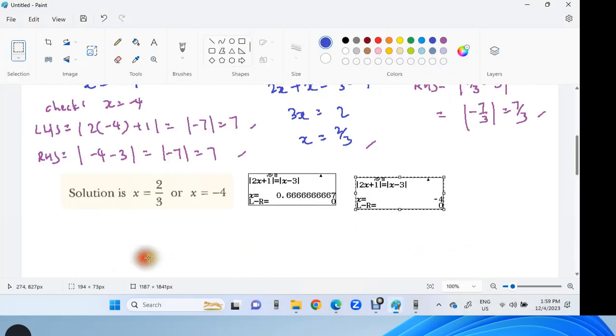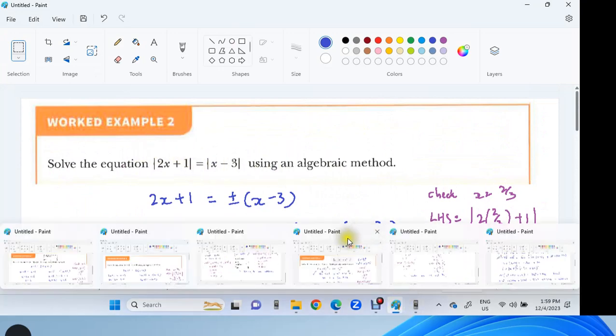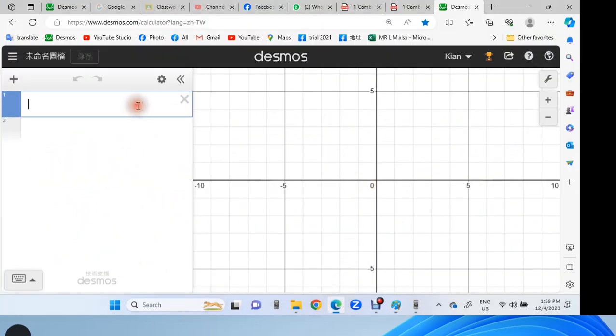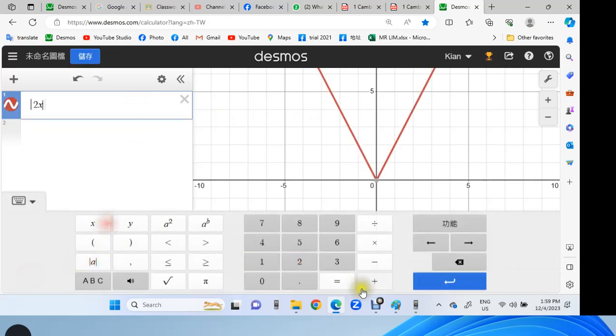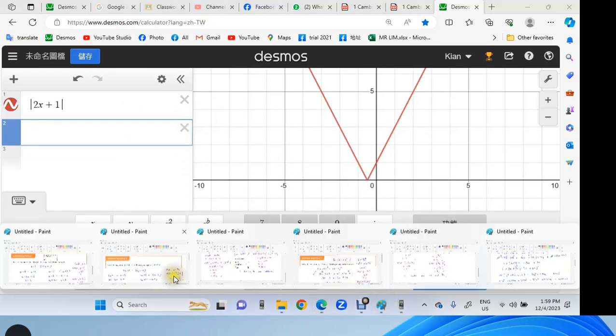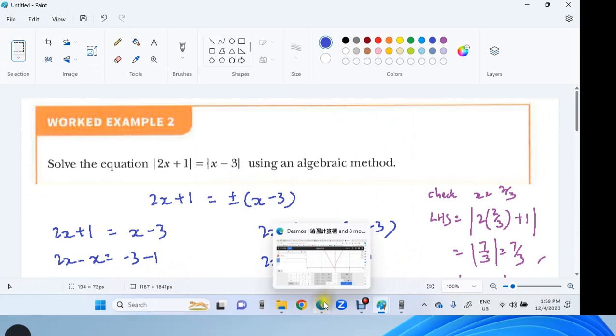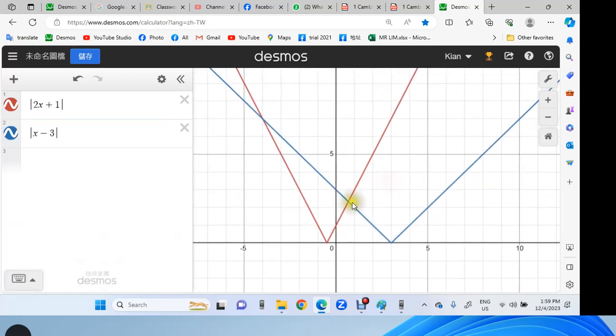So for just now, the question number 2, we have modulus 2x plus 1 is this, and the next one is modulus x minus 3. So we can see that the solution is this and this. So x equal to -4 and x equal to 2 over 3.